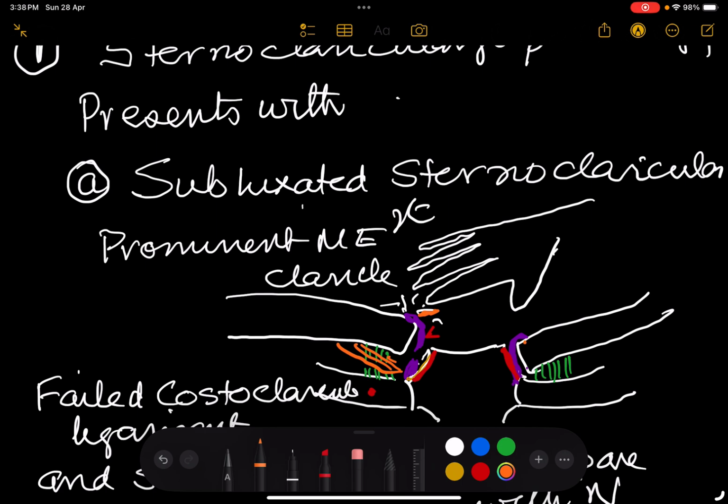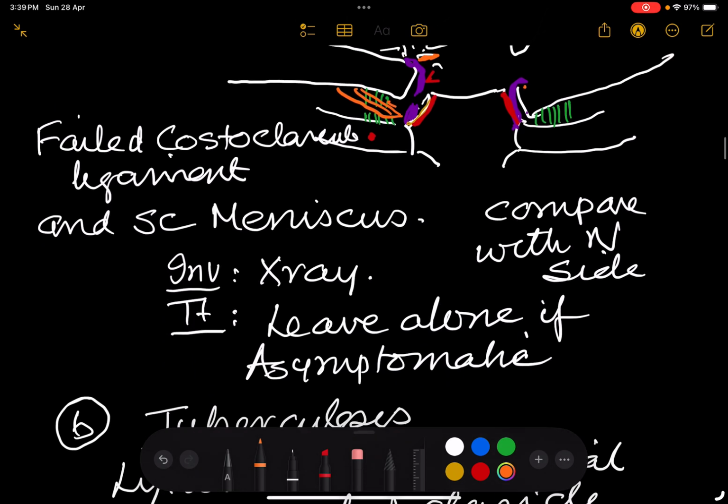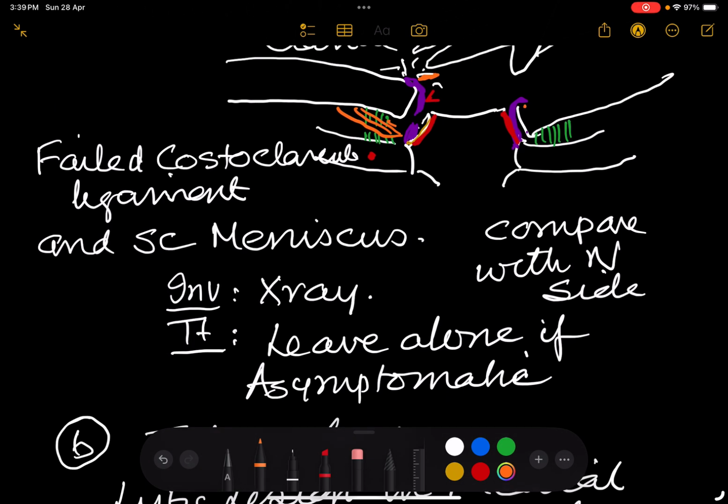Usually the patient presents with slight pain and this abnormality, and basically you don't have to do much in this, but you have to remember that this is because of the failed costoclavicular ligament, subclavius and the medial meniscus pathology.